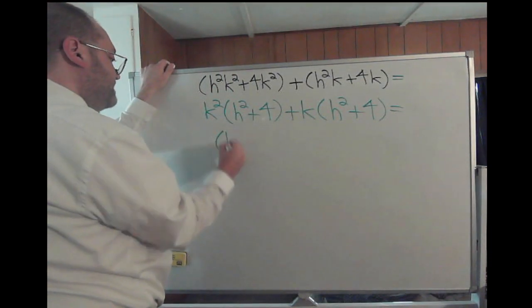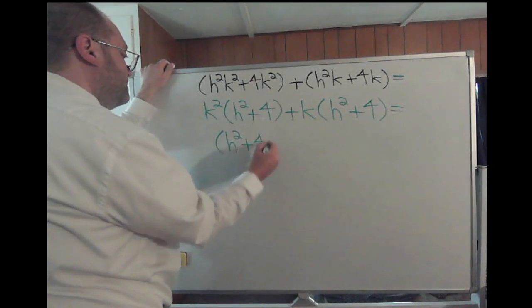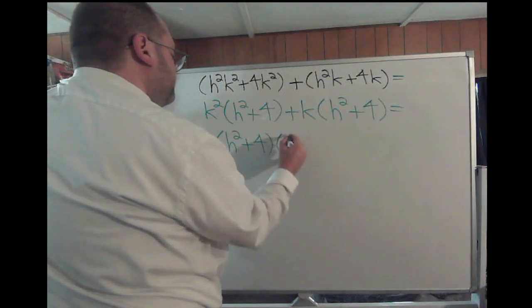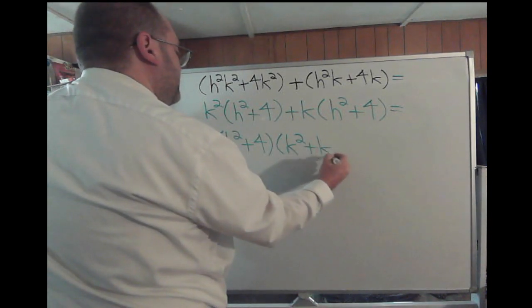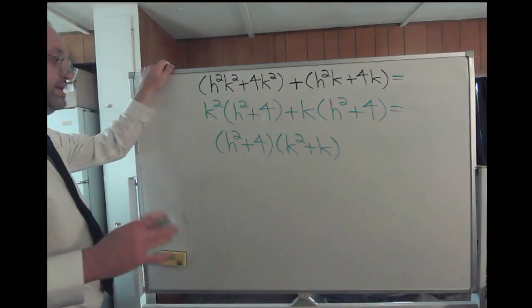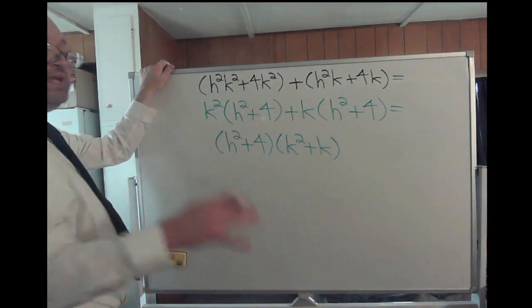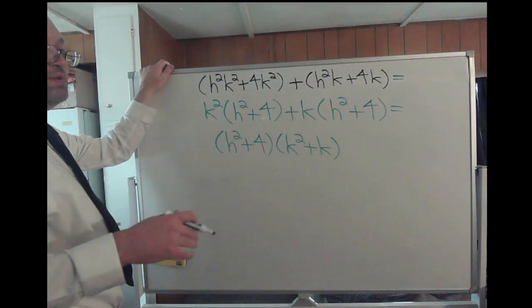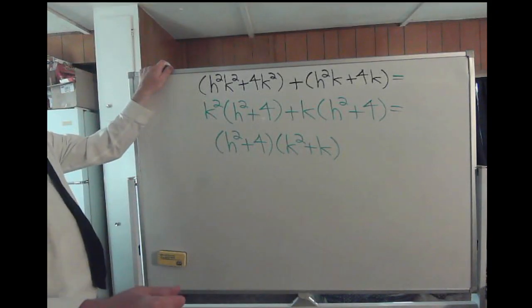Let's go ahead and factor that out. That just leaves you with your quantity of k squared plus k left over. Alright, couple things. One, first factor is the sum of two squares. We can't factor that in the set of real numbers, which is all we're working with in Algebra 1. So the h squared plus 4 can stay.